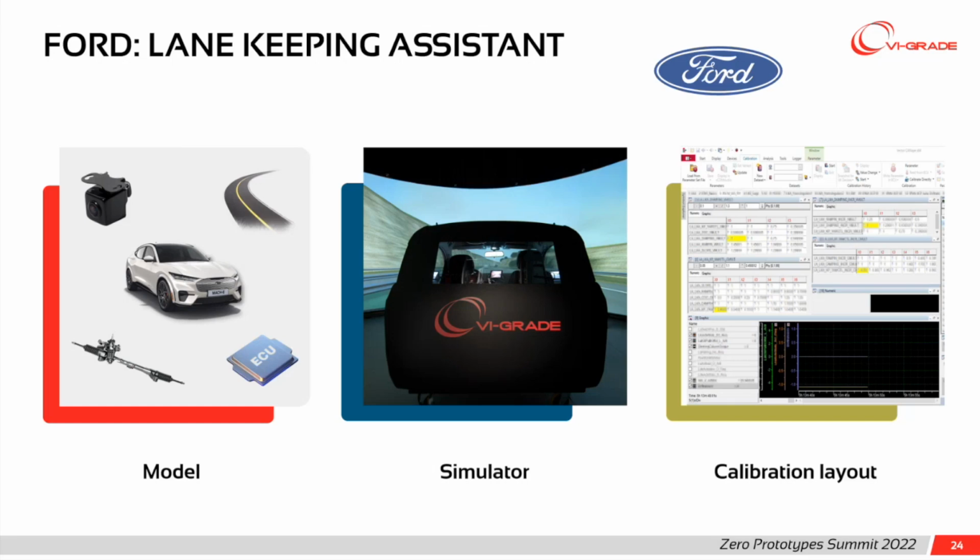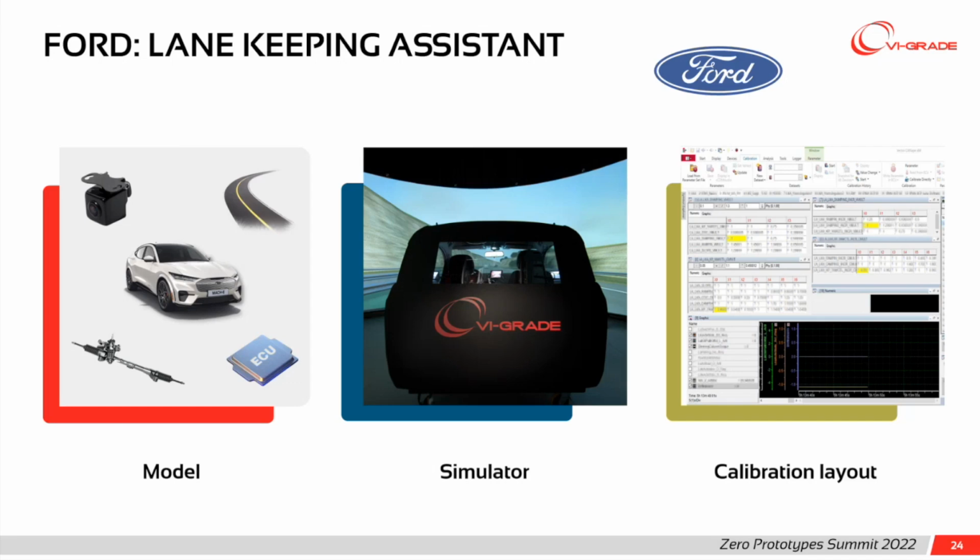If you want to calibrate this lane keeping assist, you need to have a very accurate digital twin. The digital twin is basically the base vehicle. You need to have the steering system modeled accurately with stiction and these kinds of things.